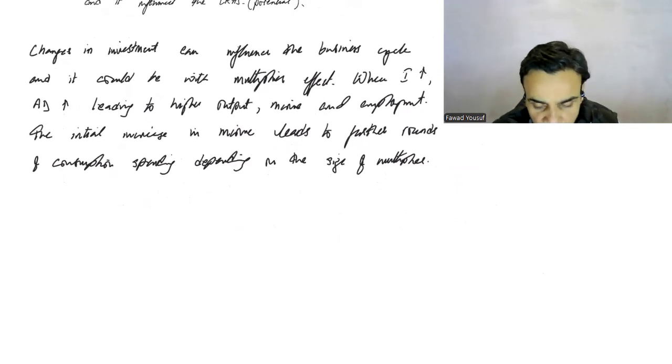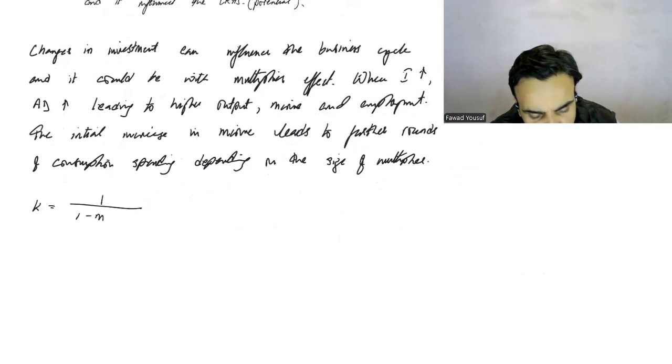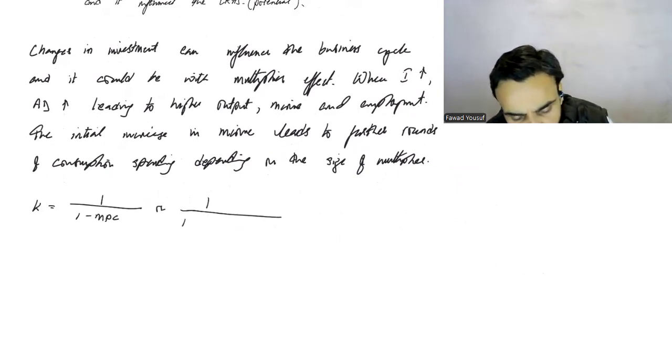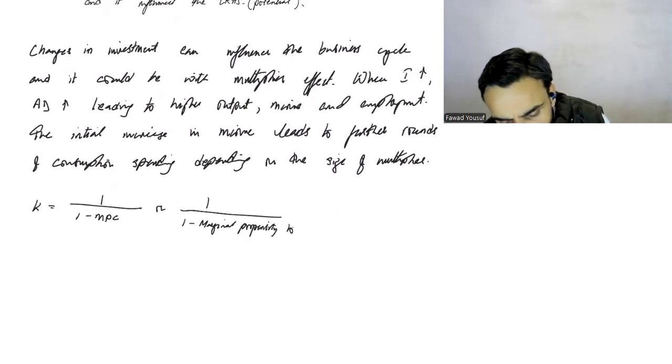So this is what I'll say, that multiplier can be calculated using a formula which is k, one multiplier के लिए हम k use करते हैं, k equals 1 divided by 1 minus MPC, or 1 divided by 1 minus marginal propensity to withdraw.